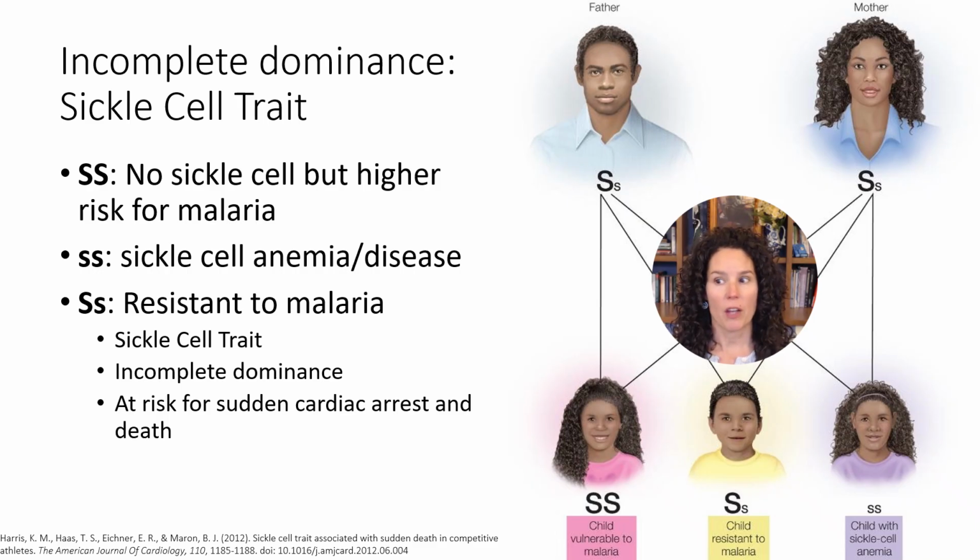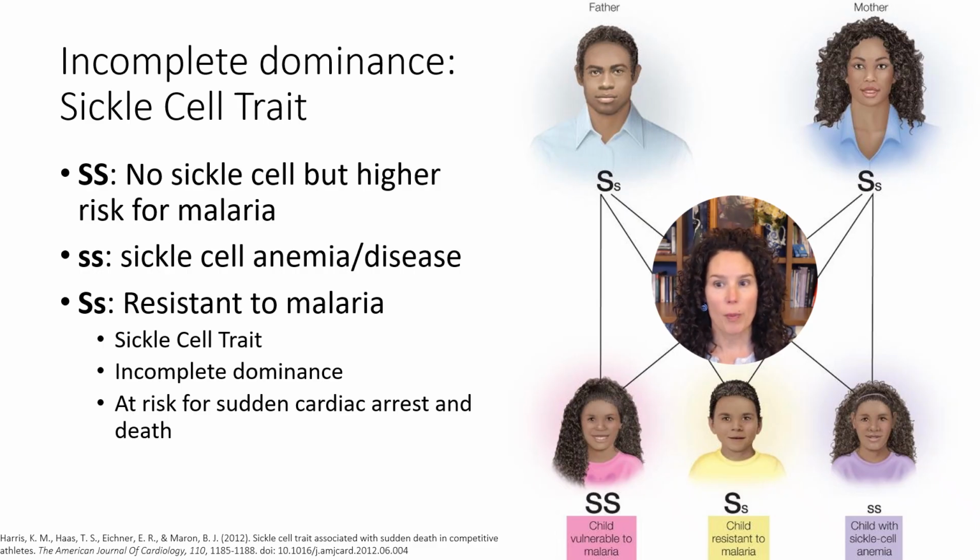You can have a child that gets the two recessive genes, and then they will develop sickle cell disease. Or you can have a child that is heterozygous for sickle cell, like the parents, and this child will be resistant to malaria and won't develop full sickle cell disease. It's called sickle cell trait.